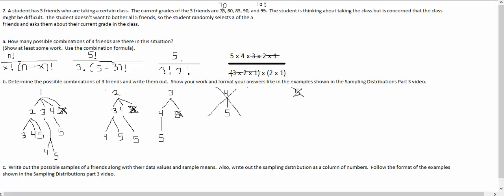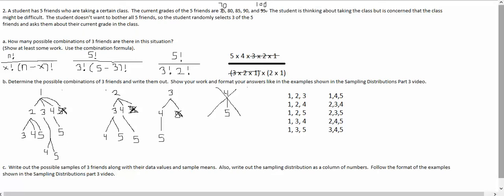So now let's write them out over here. I just wrote them out. Just write them out like I did, separated by commas. Show your work over here with the branches, and then over here, just write them out separated by commas.